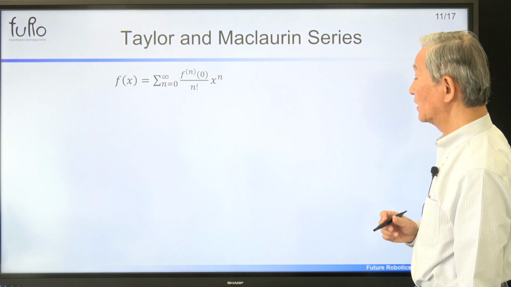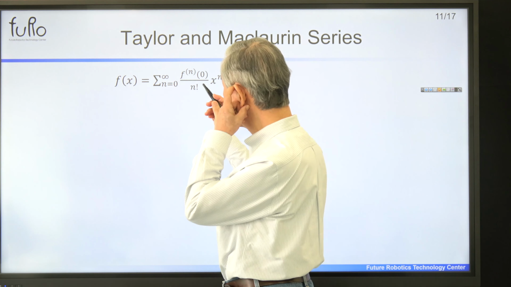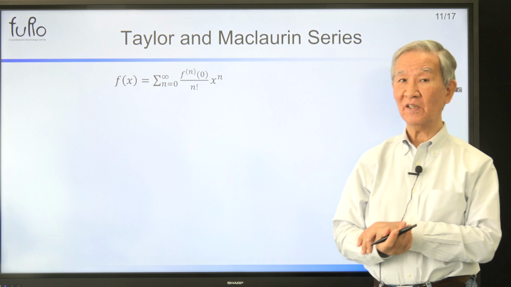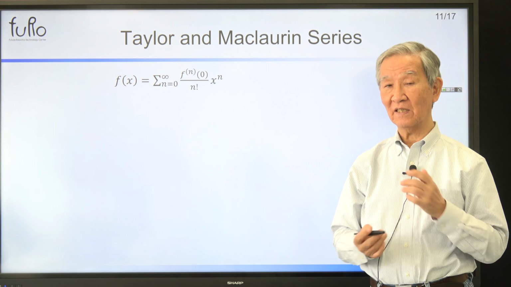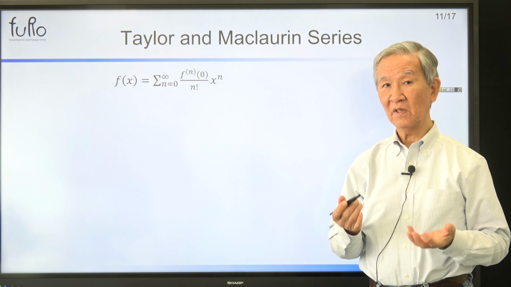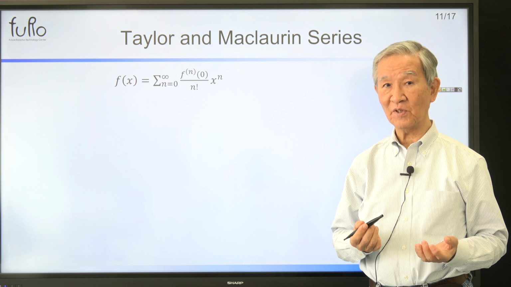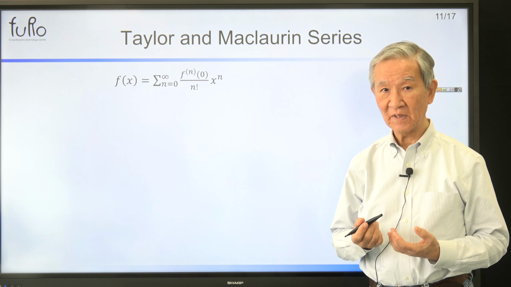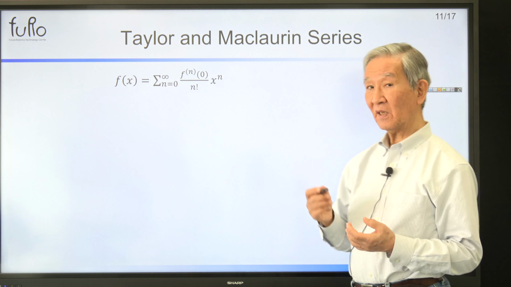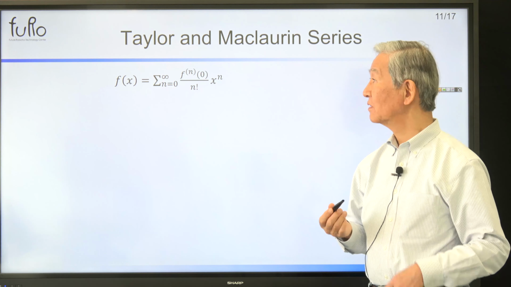Okay, so the Taylor series is this one here, but actually this is one special case of the Taylor series which is used so often. The general Taylor series is a little bit different.